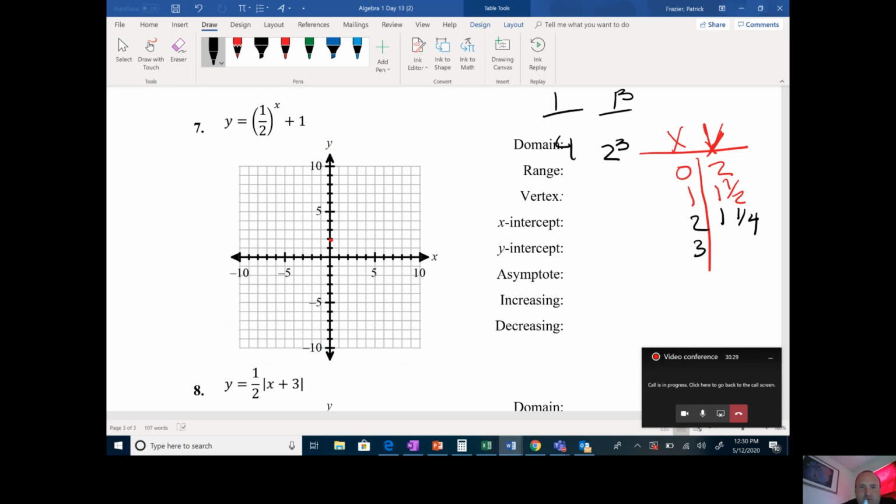When we substitute 3 for the exponent, 1/2 cubed is the same thing as 1 cubed divided by 2 cubed. 2 times 2 times 2 is 8. So that's 1/8. 1 and 1/8.